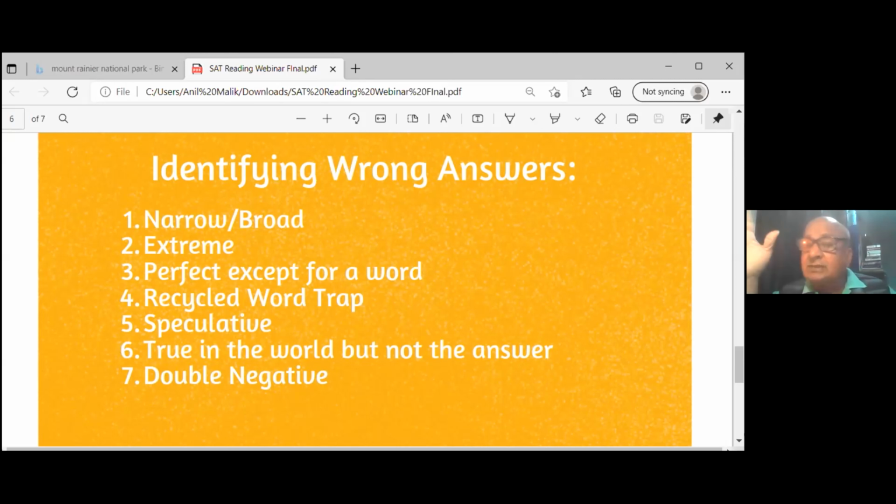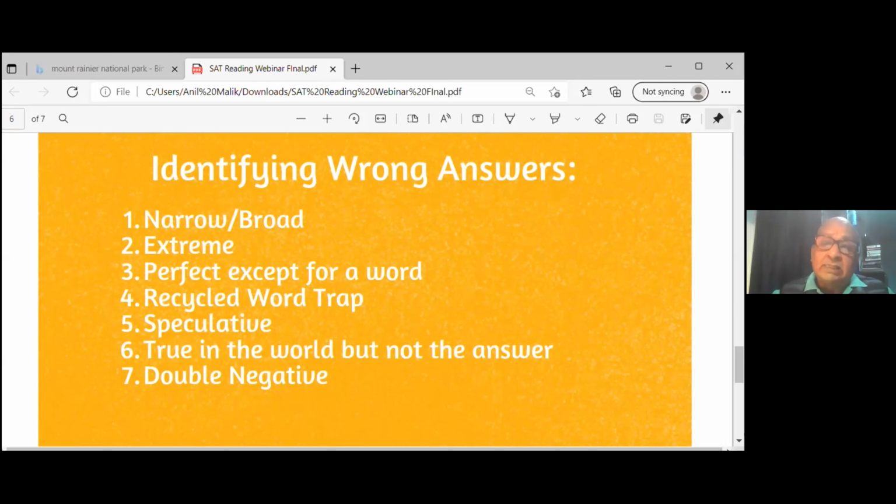Or you will always get a 400 in the SAT. That also becomes extreme. So any answers that take the answer to an extreme, that is every time or never, always or never, without fail, 100%, these answers must be seen with suspicion.